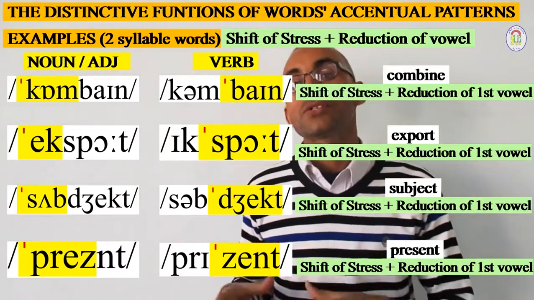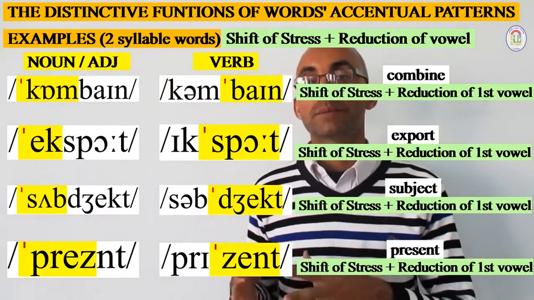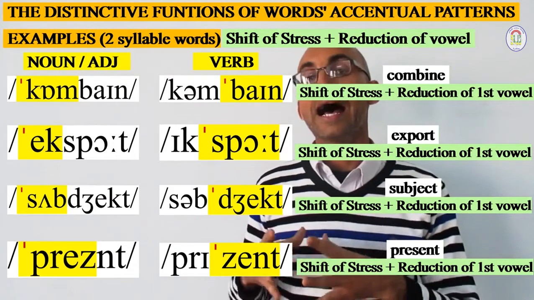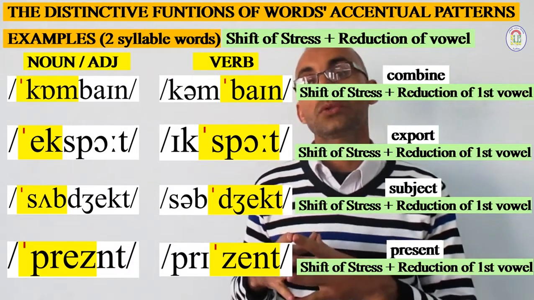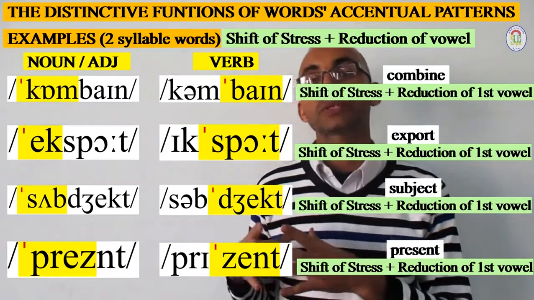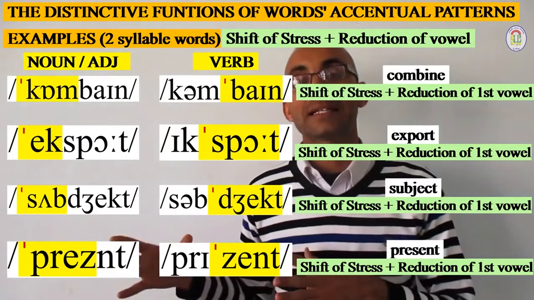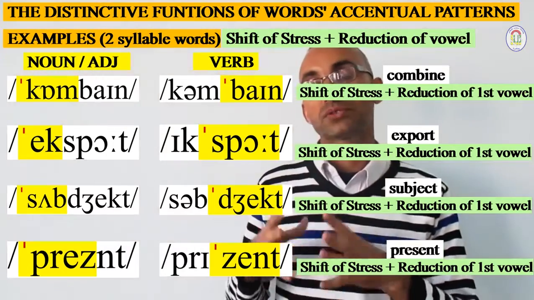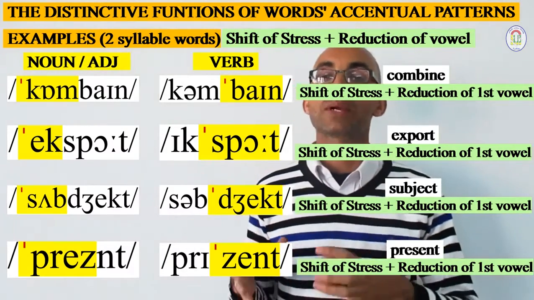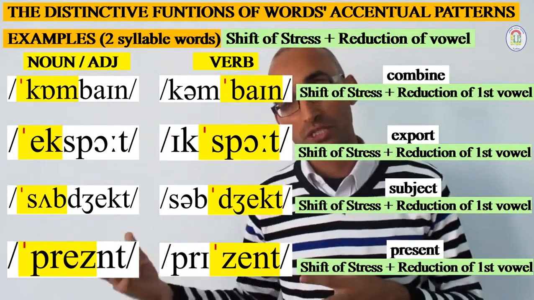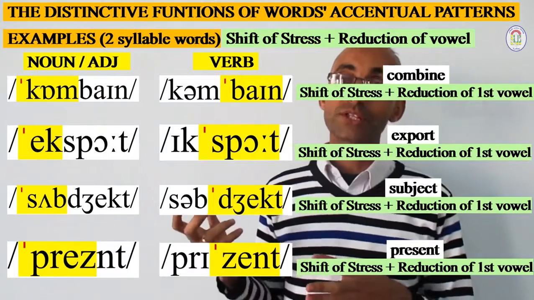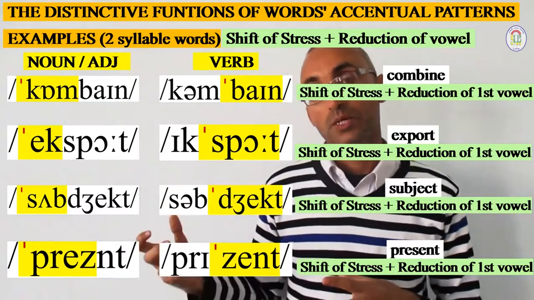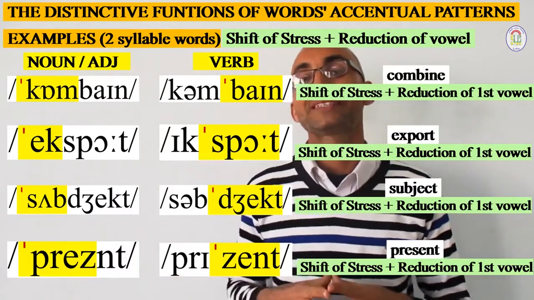Change in the first vowel of the adjective a, we reduce it to e, to short e, to become present. Here, thanks to this change of stress placement as well as reduction of the vowel a to e, I can distinguish between the adjective present and the verb present.